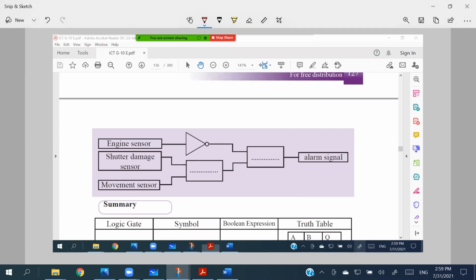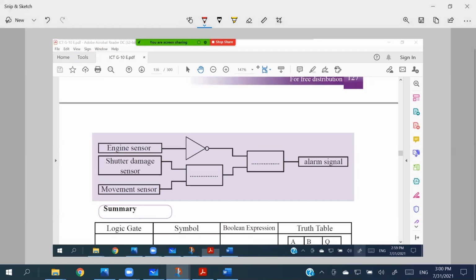And what about the engine sensor? The engine sensor is indicating whether the car is on or not, right? So we can easily guess this is going to be an OR gate, right? Why?